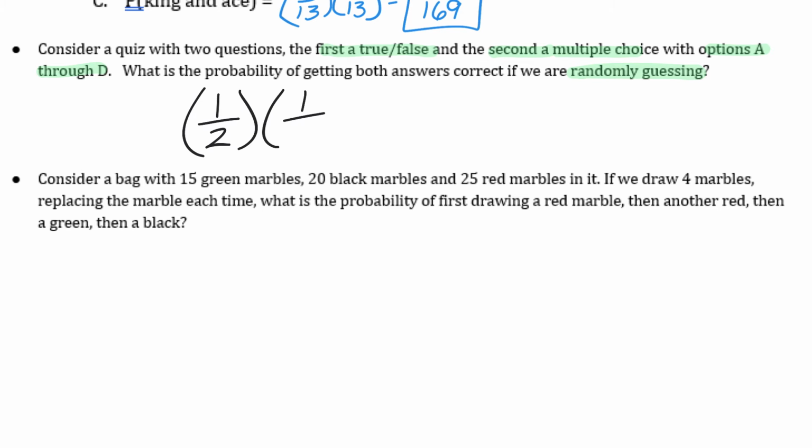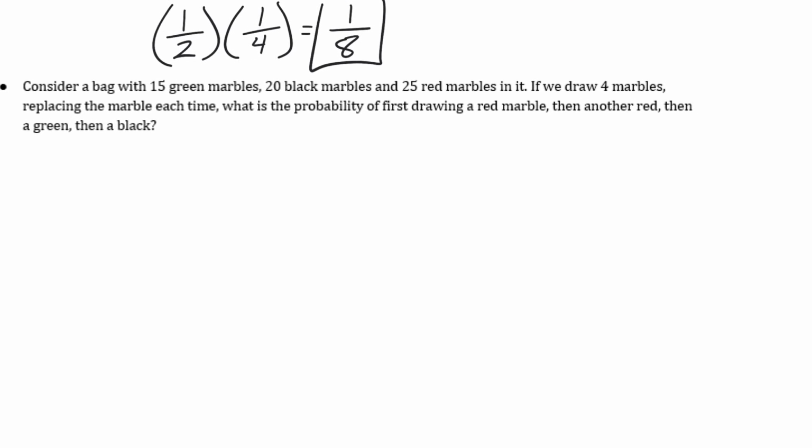Since we have A, B, C, and D as an answer, our sample size is 1 out of 4. So the probability of guessing both correctly randomly would be 1 in 8 chance. And this is an example of an independent event as well, because neither would ever affect the other.